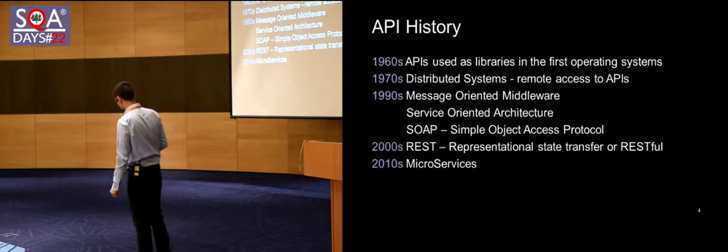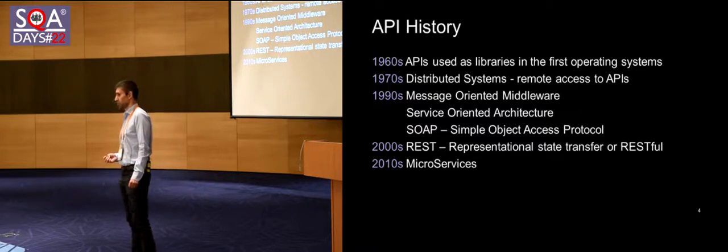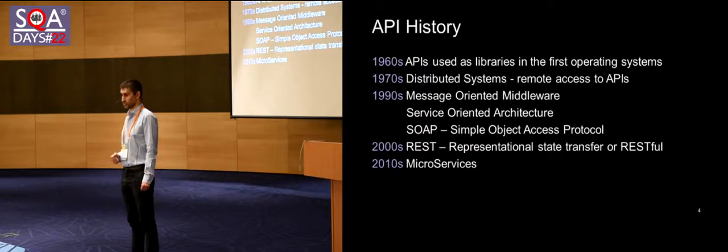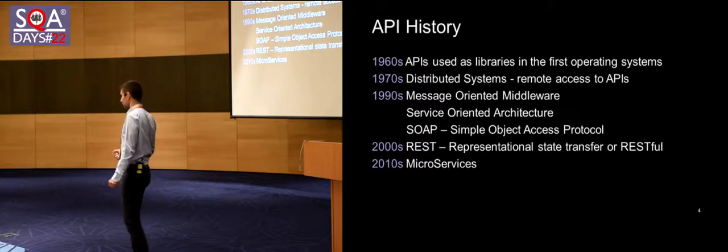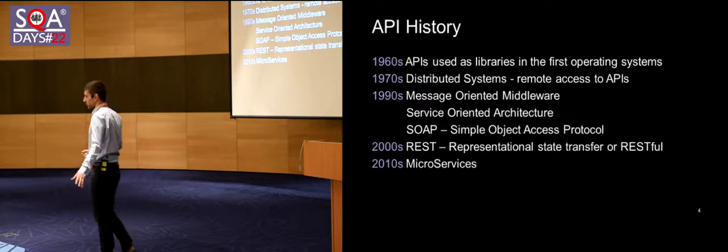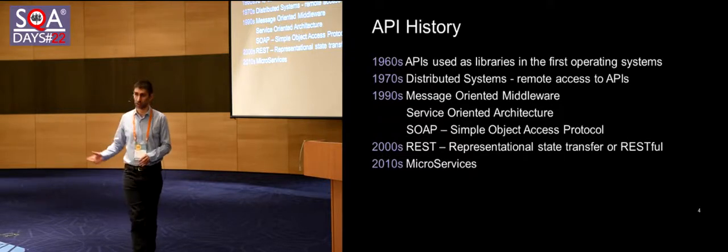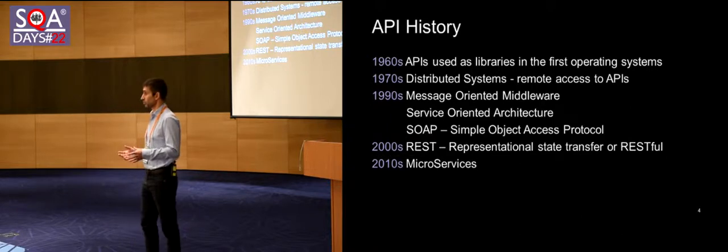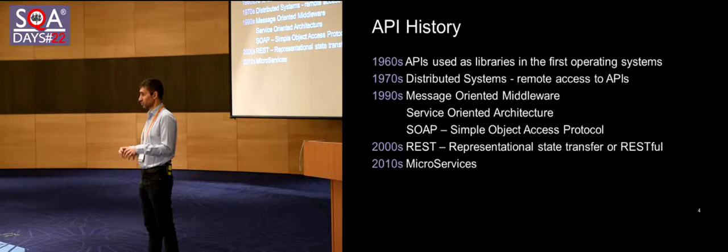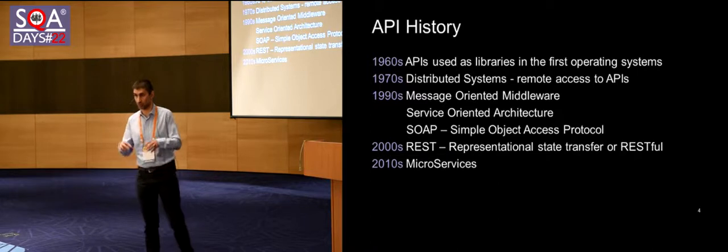And already in our time, we started to talk a lot about microservices. So we moved a lot in the API story from the initial times, where we just used APIs on the same computer, to APIs on remote computers, to services based on APIs, and now to APIs inside the solution. We have communication through APIs inside our own solution.